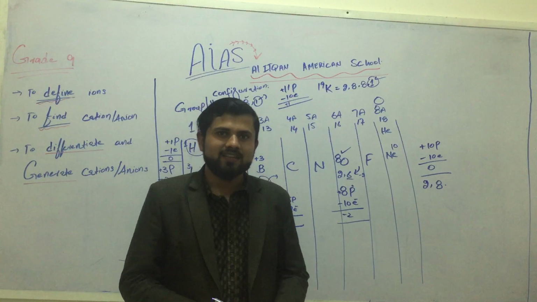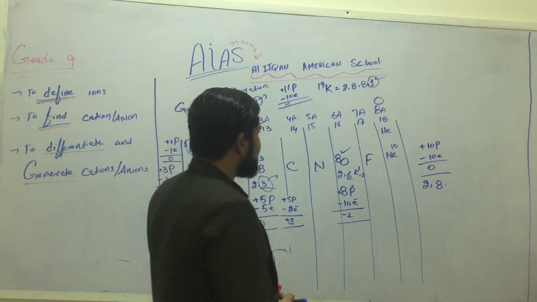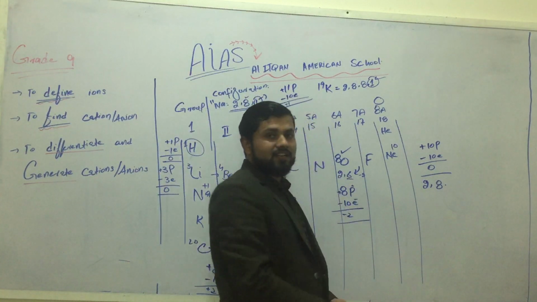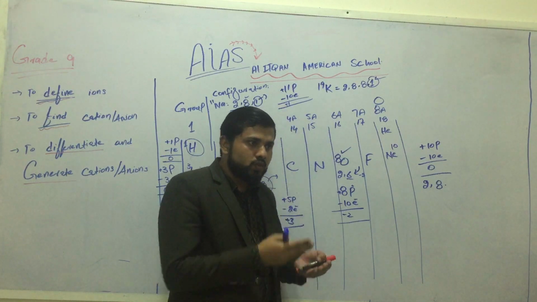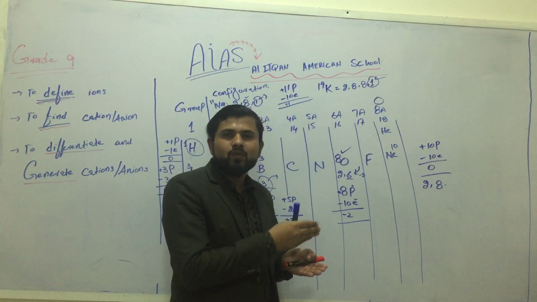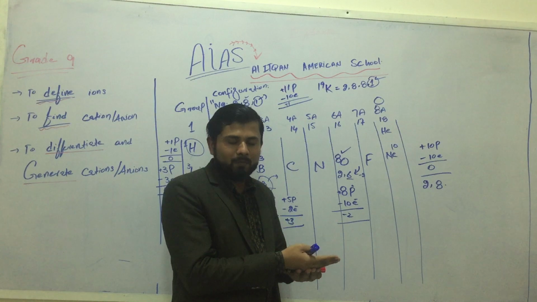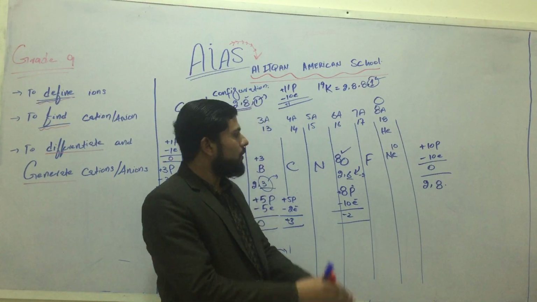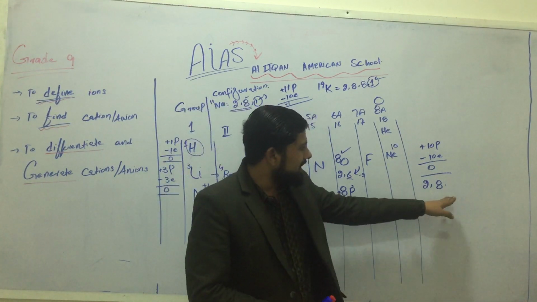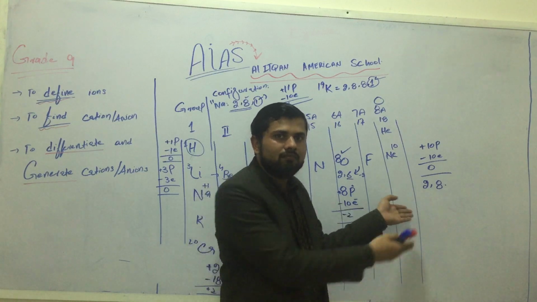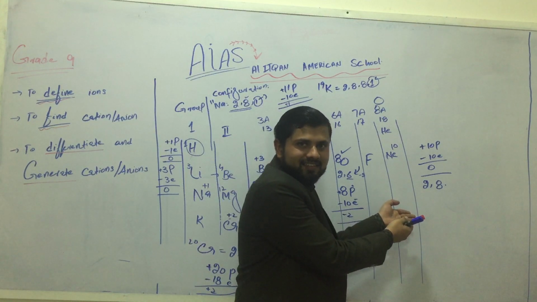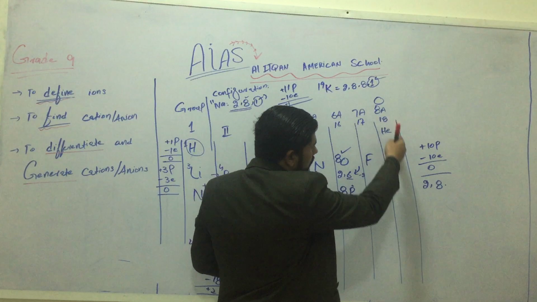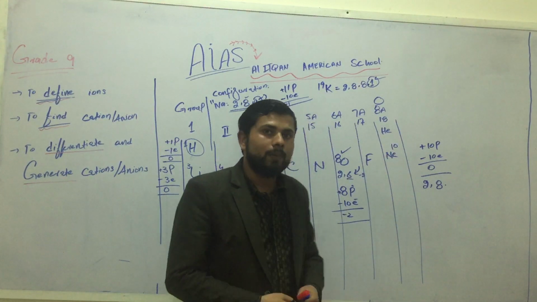My question is, look at the valence electrons. Yes, only 8 electrons. Do they need to gain anyone or lose anyone? No. Why? Because our requirement is that in the last shell there should be 8 electrons.